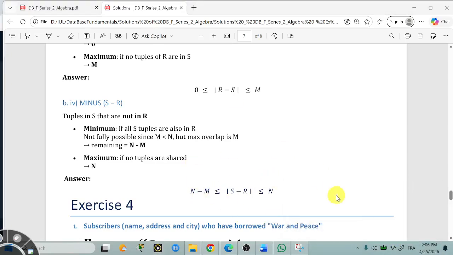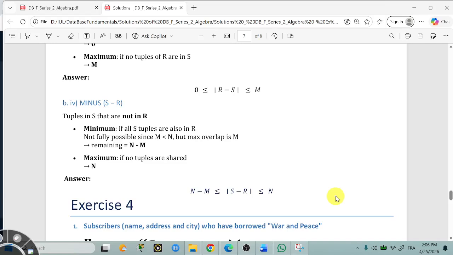Okay? And the worst case, assume that R and S don't share any tuple in common. What does this mean?